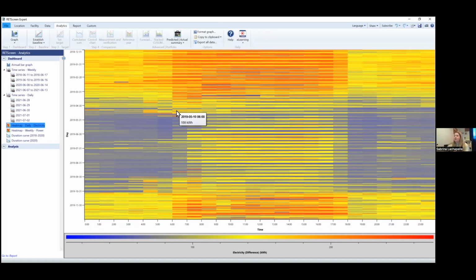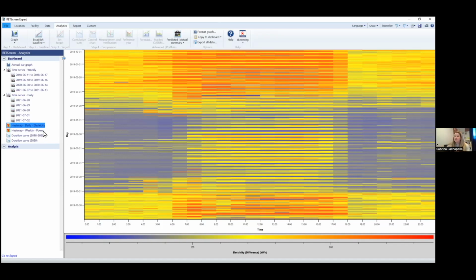And here we could see, for example, that during the summer, we are not using much electricity during the night. So it's really helpful to have a really good picture of how your electricity, or any other metric, varies through the years and through the time.